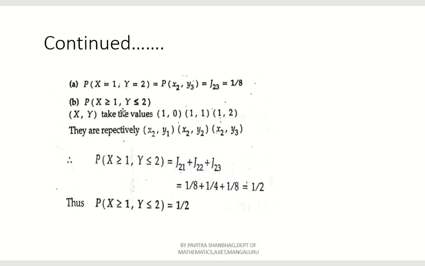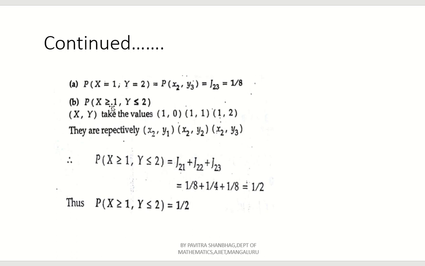Next, P of x greater than or equal to 1, y less than or equal to 2. What is the meaning? X greater than or equal to 1 means what? Here maximum 1 only. There is no more than 1, because x takes 0 and 1 only. But y takes 0, 1, 2. So how many possible combinations are there? X greater than or equal to 1 means 1 only, so there is only one possibility.